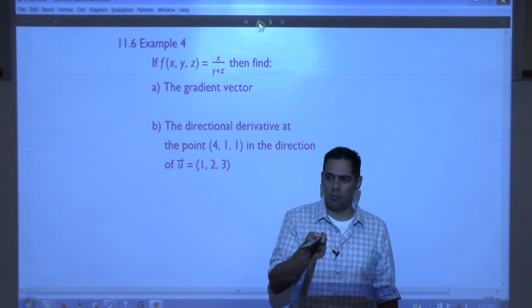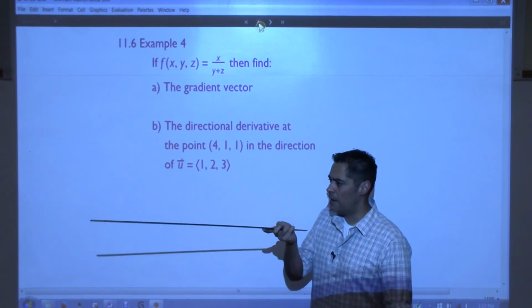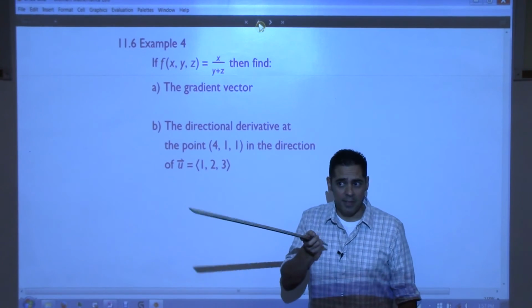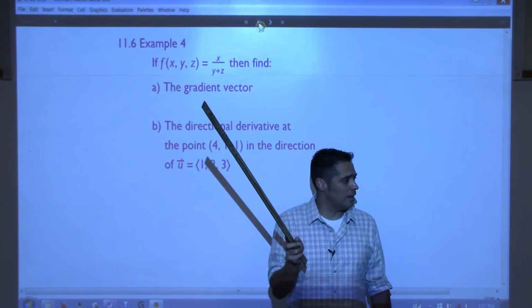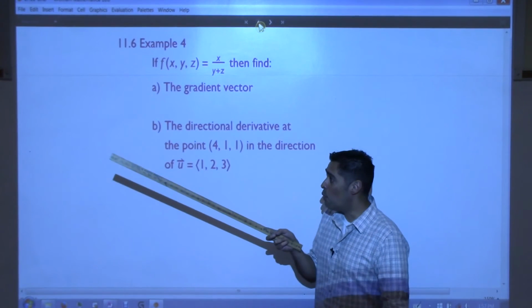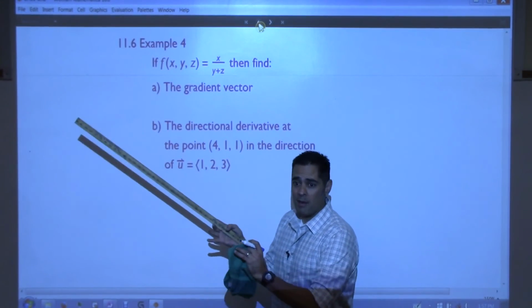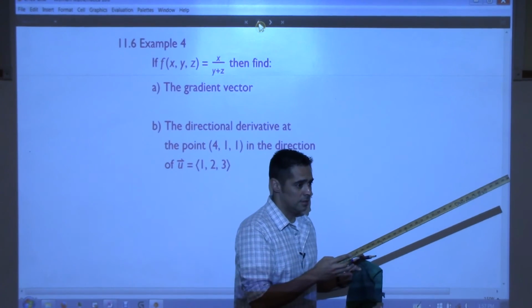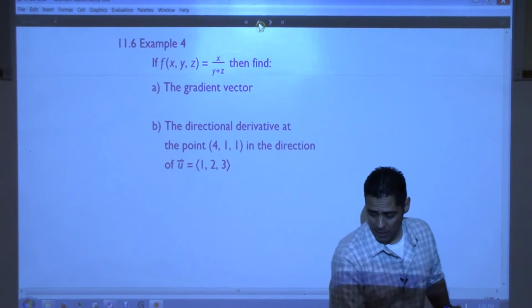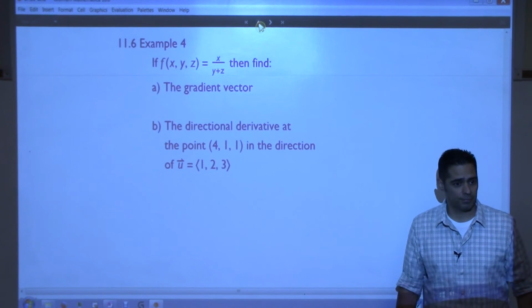The natural question would be, what direction do I point in to have the steepest tangent line? Like, where should I point so that when I take that step, I go up more than I would in any other direction?